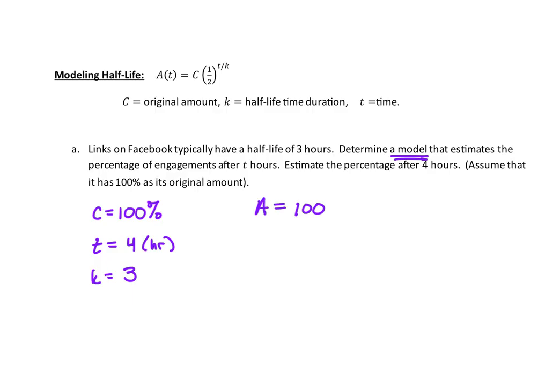A equals 100 times 1/2 raised to the t divided by 3. That is going to be our model. All right, from here, we want to go ahead and plug in our value for t, and we get A equals 100. If you want, you can write this as a decimal. It does not matter. Raised to the 4/3.